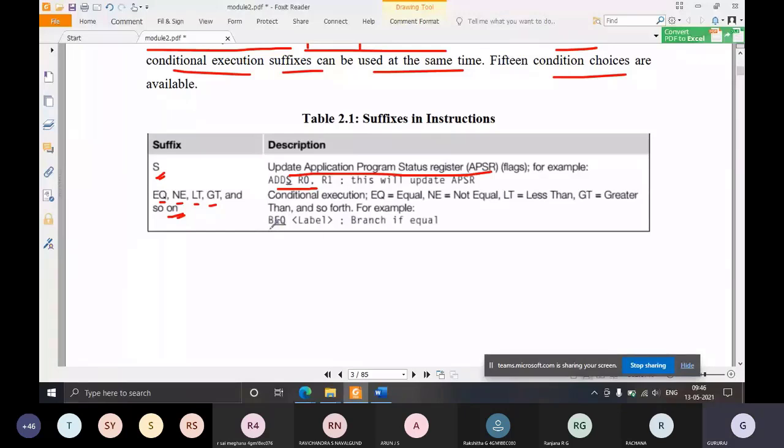One example is given here, BEQ followed by a label. What does this mean? It means branch to the label given here only if it is equal, EQ, that is, only if the equal flag is set. Equality is usually found using the zero flag. So if the zero flag is set, then branch to this label. If the zero flag is not set, then don't branch. That is the meaning of BEQ.